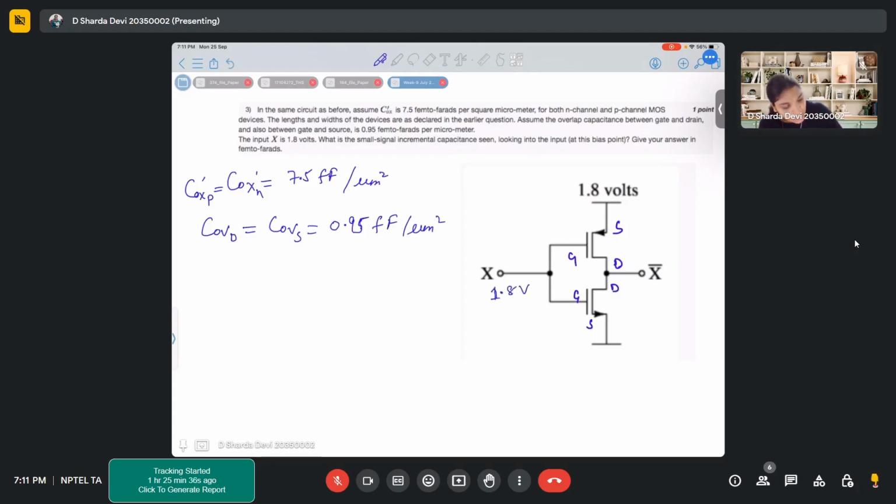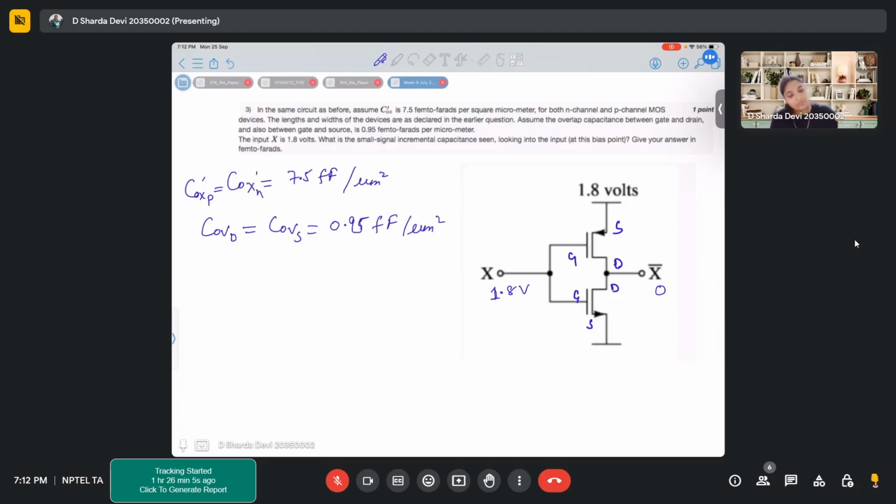If the input is 1.8 volts, what will be the output? The output will be 0. So what is the small signal incremental capacitance seen looking into the input at the bias point? Give your answer in femtofarads.